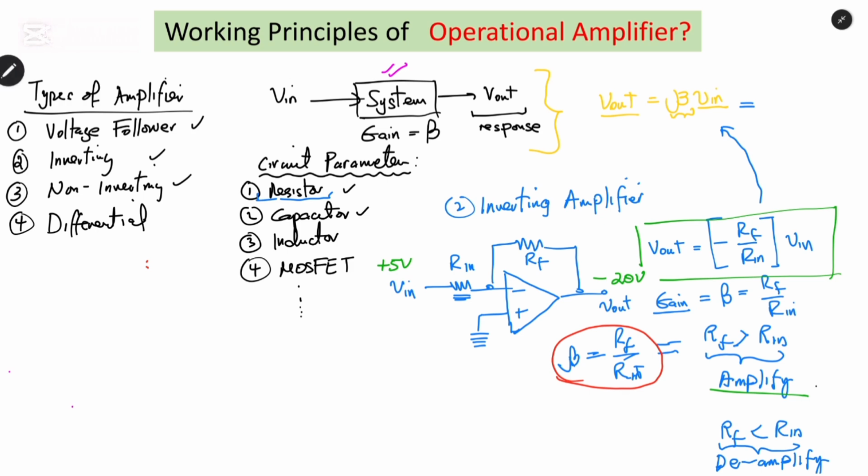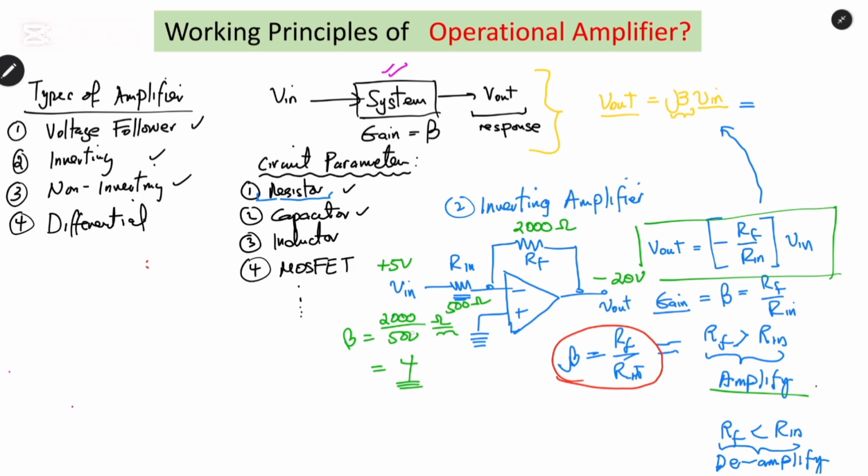So 20 and 5, that means the output is 4 times greater than the input voltage. Therefore, we can design beta: if we give, for example, 2 kilo ohm as the feedback resistor, for the Rin we can simply apply 500 ohms. So you have 2000 divided by 500 ohms, and you now get 4. So this is the gain that will control the response of this amplifier.